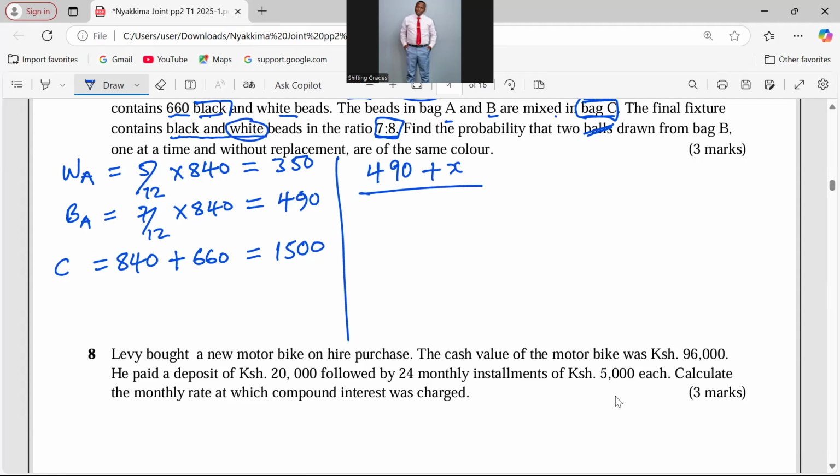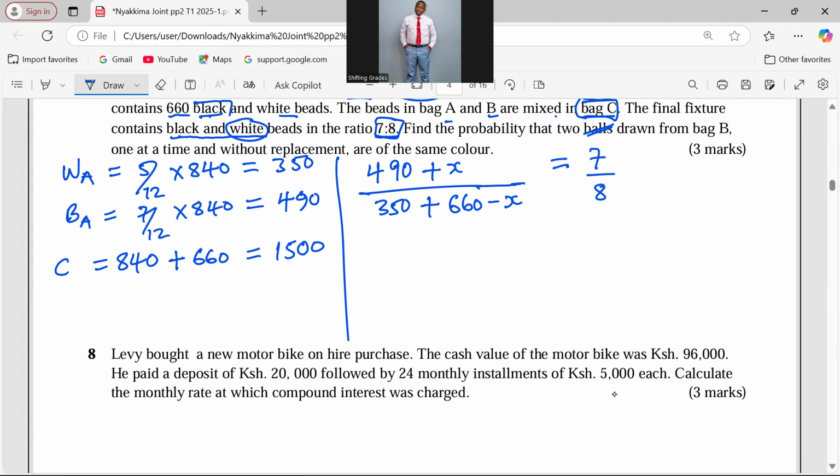The whites are initially 350, and 350 are the ones which were in bag A. Then in bag B now, we have the balance, which is 660 minus X, which are white, and we are supposed to get a ratio of 7 over 8.